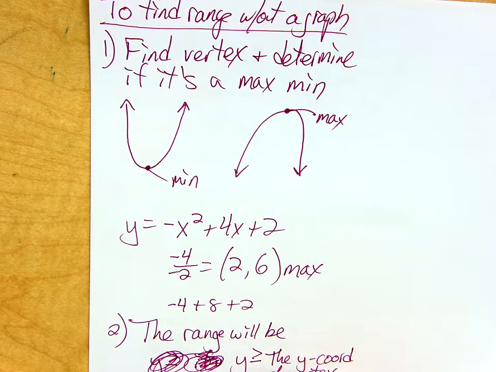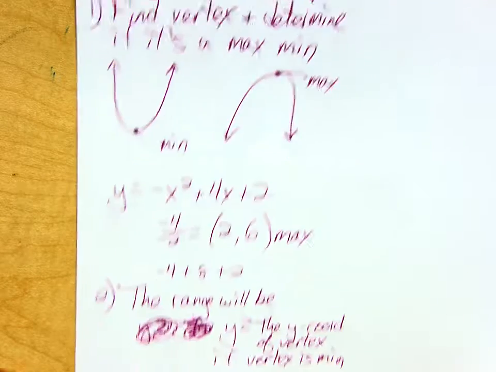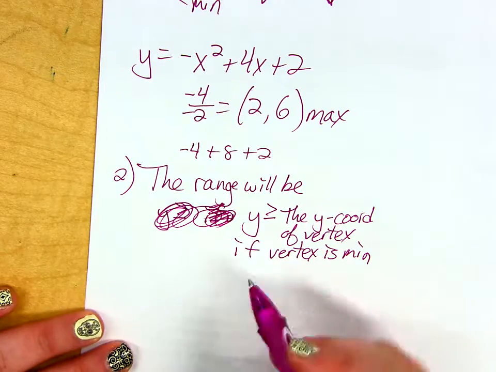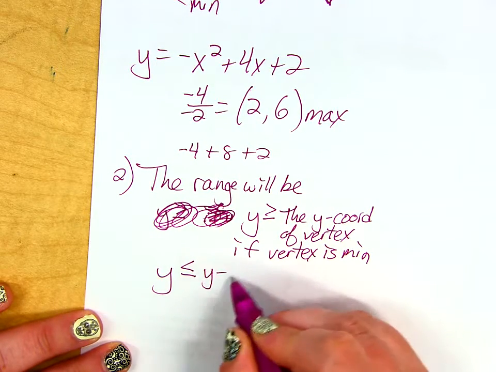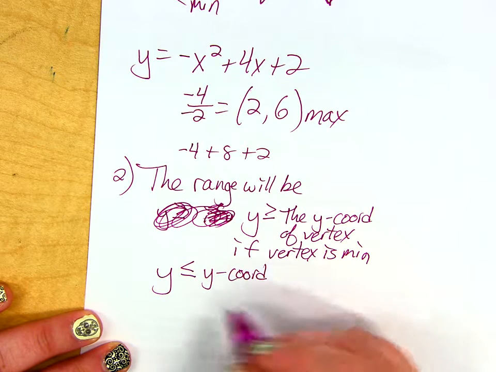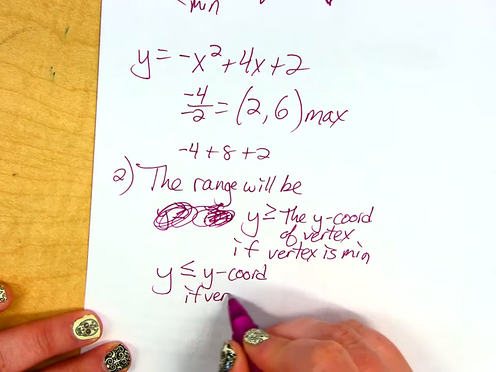If the vertex is a min. Oh, sorry. And then it's going to be the other way, less than or equal to the y coordinate if the vertex is a max.